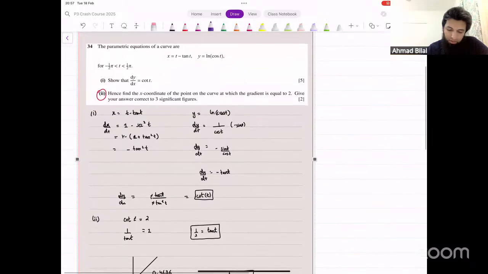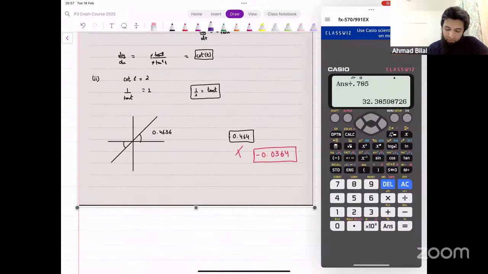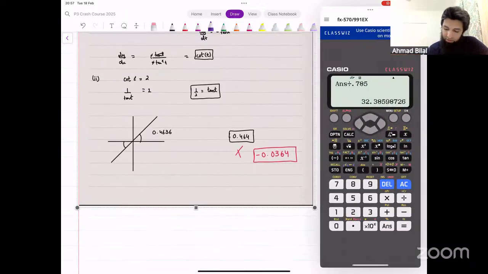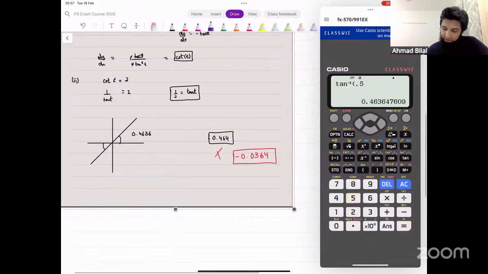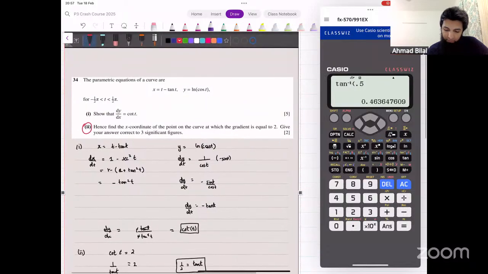Third हो नहीं सकता because वो range से बाहर चला जाएगा. You're getting one answer in the first quadrant, tan inverse of 1 over 2. Is that correct? जो आपने निकाला है यहाँ पे? यस सर. Okay, 0.4636, and then you're saying you're inputting in that equation for x, and you're not getting the correct answer? यस सर.